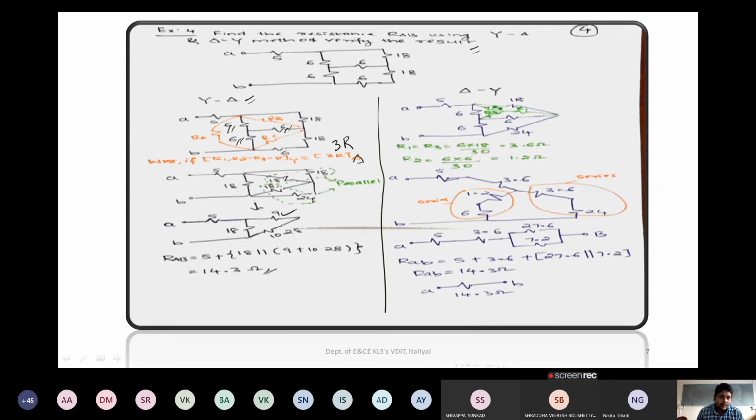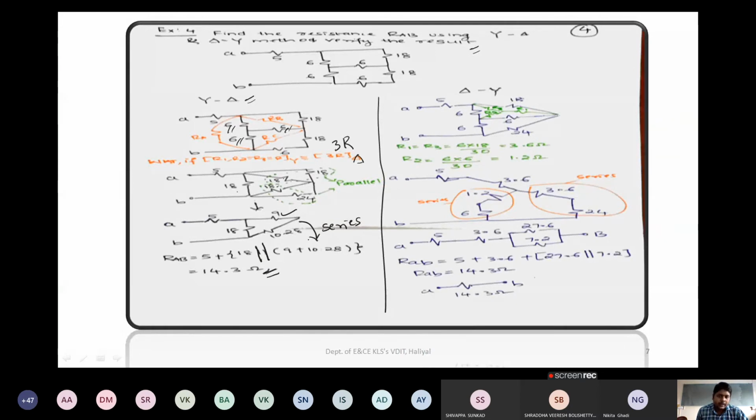Later you can check that 9 and 10.28 are in series, so you can add them. Then that series combination is in parallel with 18 ohms, and that is in series with 5 ohms. If you calculate that, you will get 14.3 ohms. I have just avoided another two steps here.